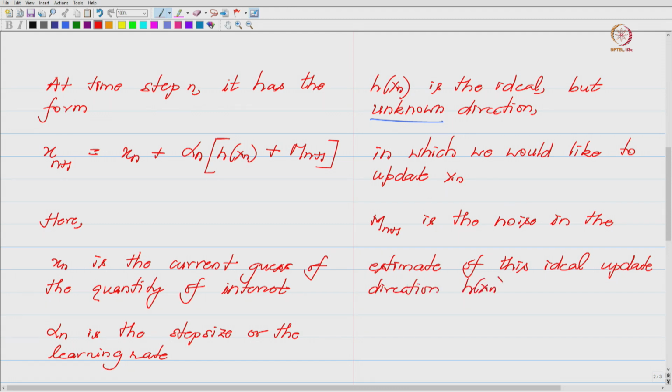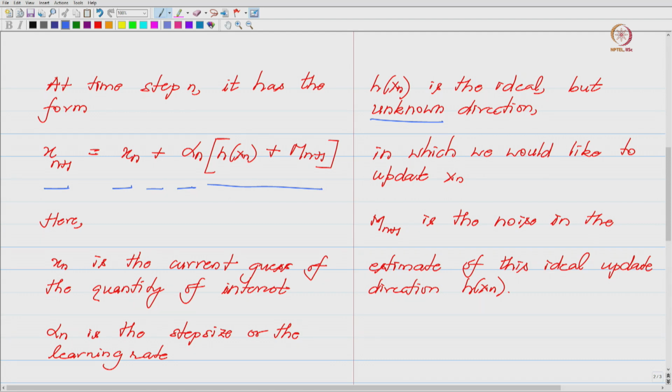So with this update rule in place, let us try to understand what stochastic approximation means. If we had access to the ideal update direction, then we could have as well used the algorithm x_{n+1} = x_n + alpha_n h(x_n). In that update rule, we wouldn't have had M_{n+1}.